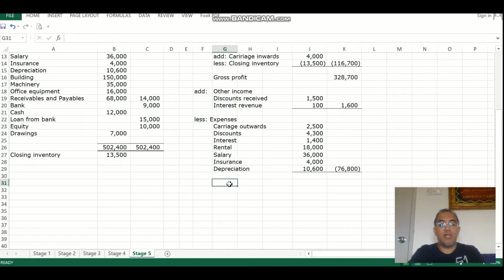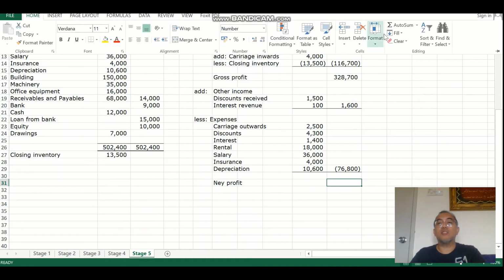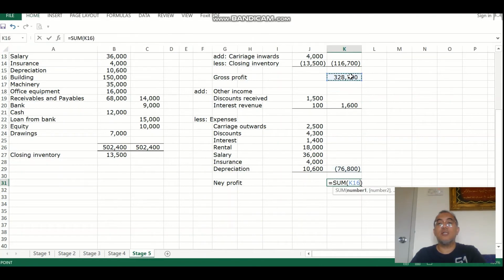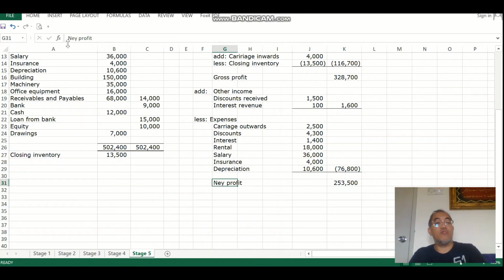Now I get my net profit. My net profit is from the gross profit here, add with my other income and minus my expenses, and I should get my net profit, 253,500. Net profit.